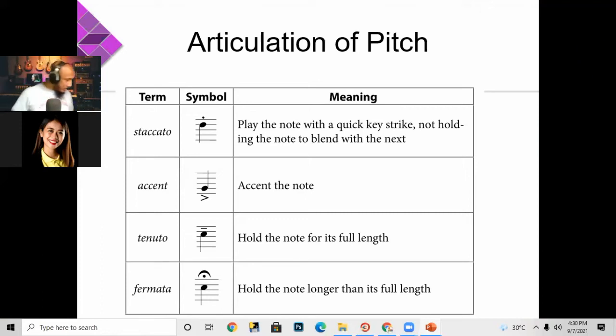Let me show you first. Okay, let's demonstrate how to do that. How to do the staccato? For example, you're playing a G note.